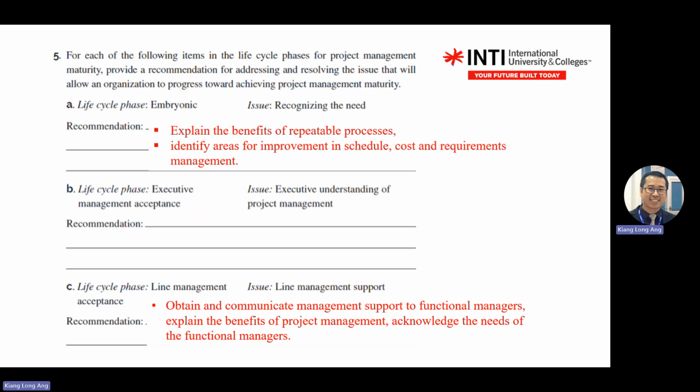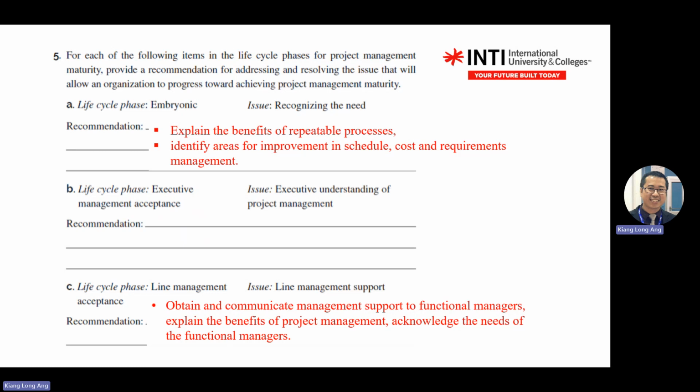The need here is the need of project management, I think. So you identify areas of improvement in the schedule, cost, and requirement management. I think this issue is more on the needs for project management.